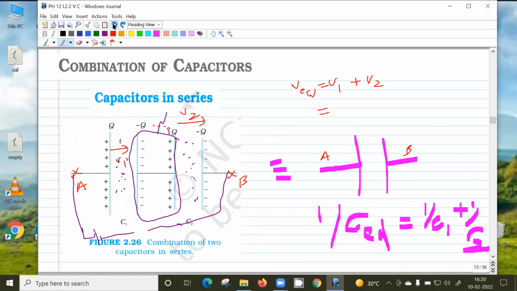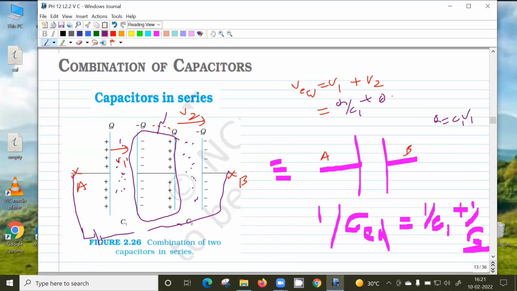So in general, when you have series connections like this, the charges across all the capacitors will be the same: plus Q, minus Q, plus Q, minus Q. So how can you write V1? Since charge is the same, from Q equals C1 V1, I can write V1 as Q by C1.